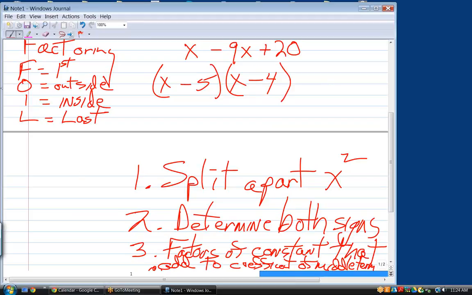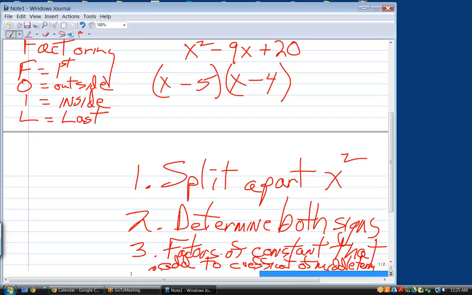But why go through all four terms of FOIL? I don't really need to check the first term. I know how to separate x squared. It's x times x every time. I also don't need to check the last term, the plus 20.